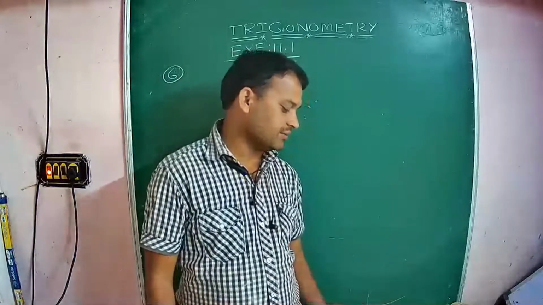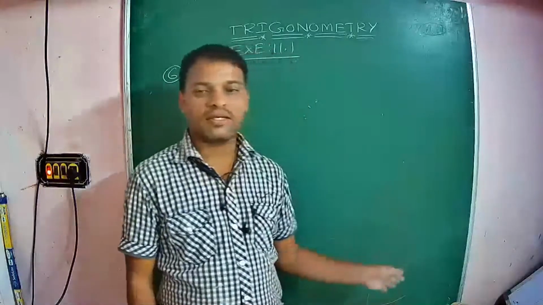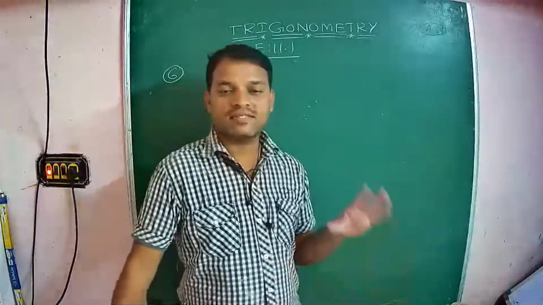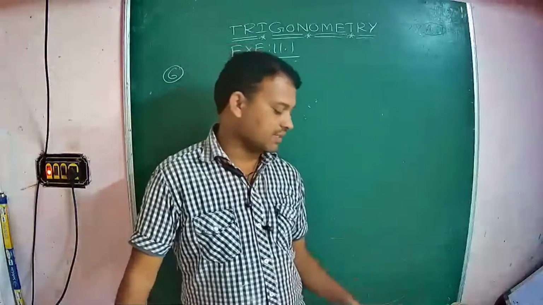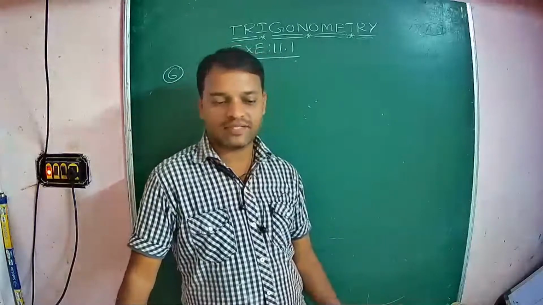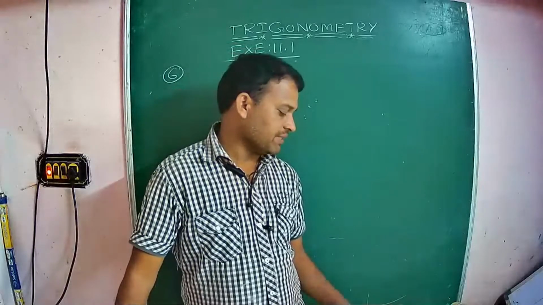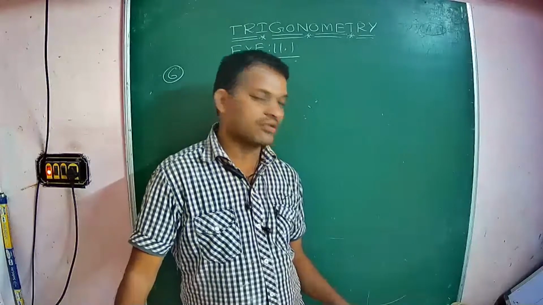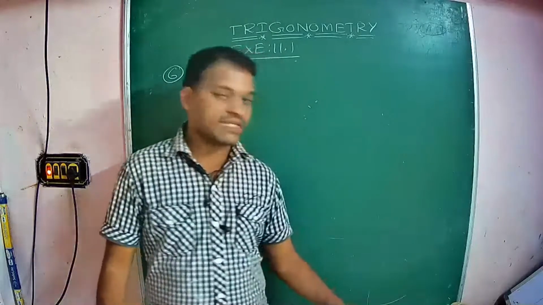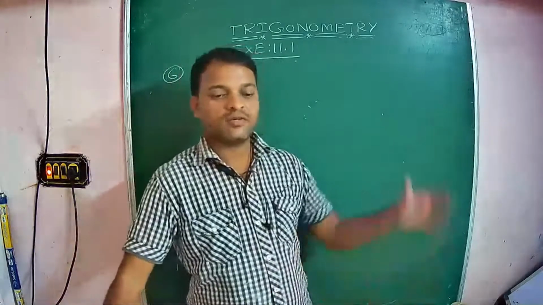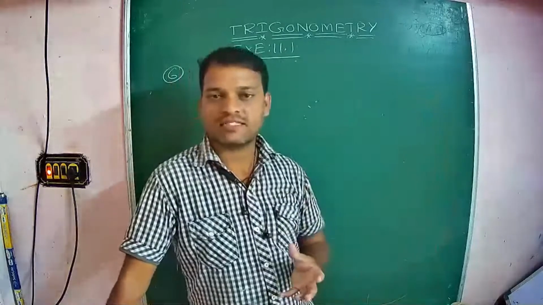Already this sum I explained in the examples. Same as usual, I want to explain it in the oral method. So simply here, you need to take the two triangles ABC and XYZ, and cos A is equal to cos X. You need to take the cos A value and cos X value.